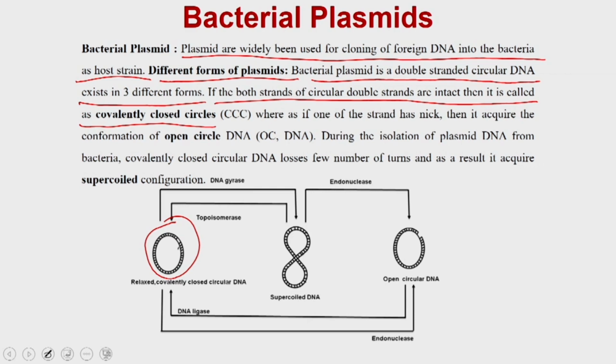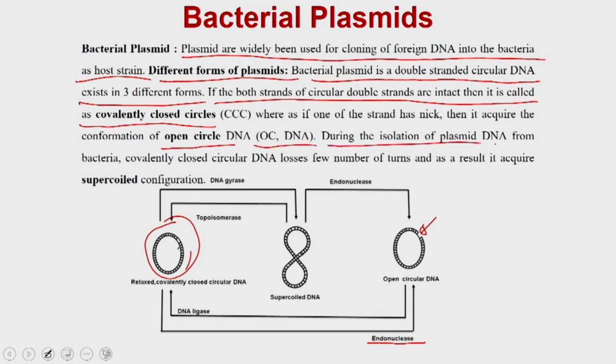Whereas if you expose this DNA to an endonuclease, the endonuclease creates a nick on one of the strands, which opens the circle, and that creates another form of plasmid called the open circle, or OC DNA.